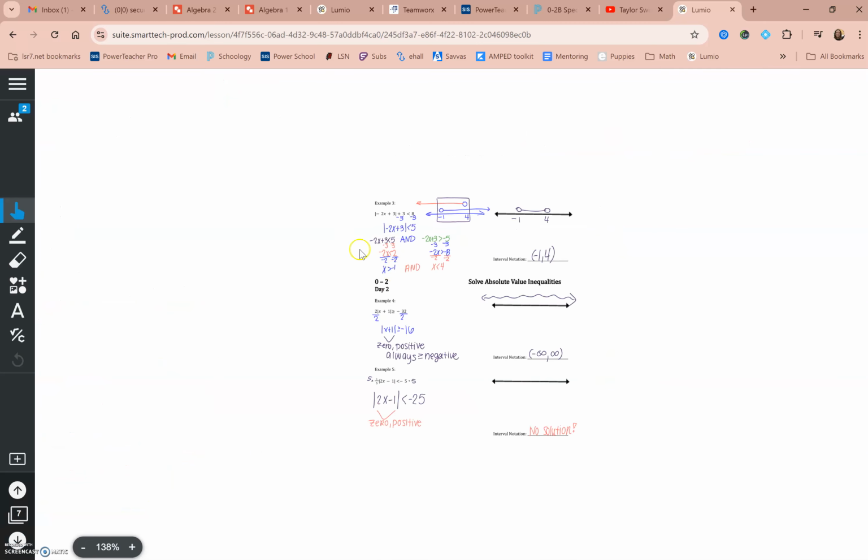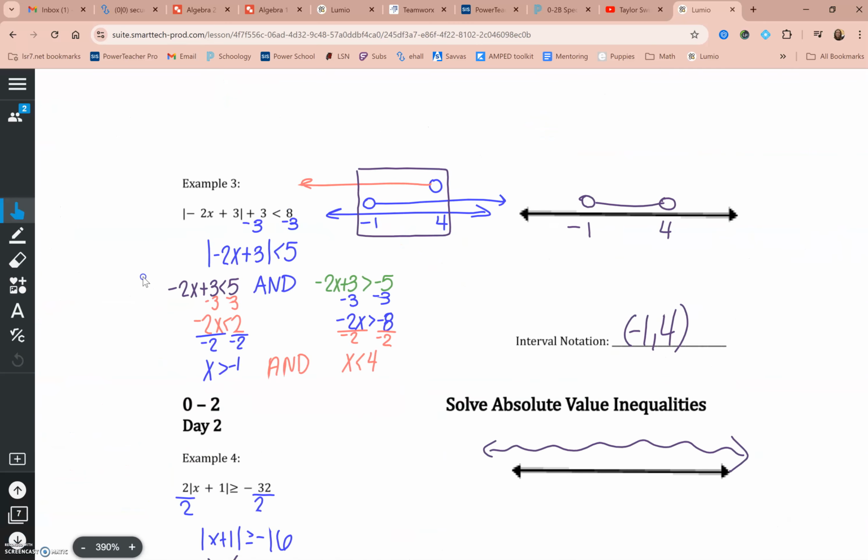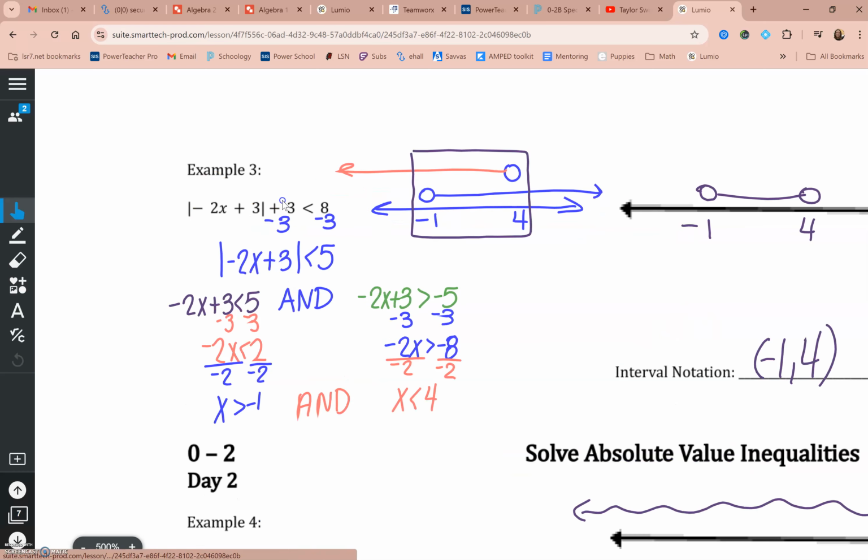Okay, I want to recap one more. And that's this one right here, because as you can see, we had something after the absolute value bars. So the absolute value bars weren't alone. We had to get them alone by subtracting 3. Once we subtracted 3, we had an absolute value statement where the bars were alone, so then we could figure out if it was less than or greater than.